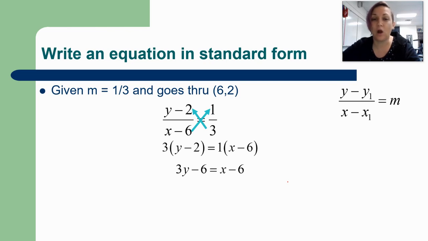Next, we're going to move our constant away from the letter y. So I'm choosing the -6 that's on the side with the letter y, and I'm going to add that to the other side. In this scenario, I happen to have a -6 on both sides, and so they're both going to cancel out and they'll both go away.